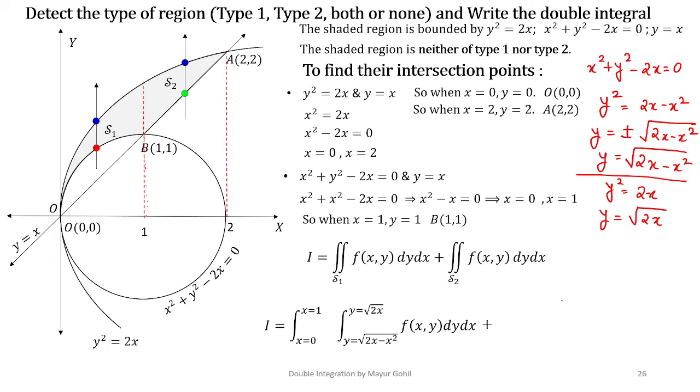So the double integral will be written from y equals x up to y equals square root of 2x, and the projection limits are from 1 up to 2. So this is how you see this region when we try to see it as a type 1 region.